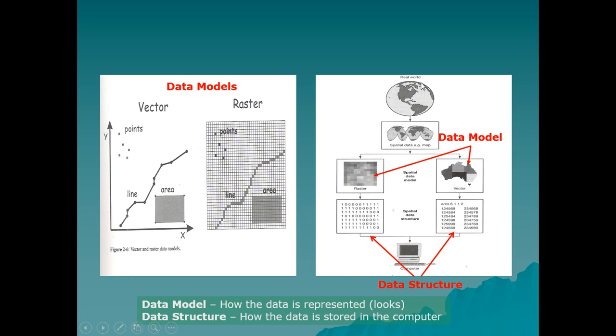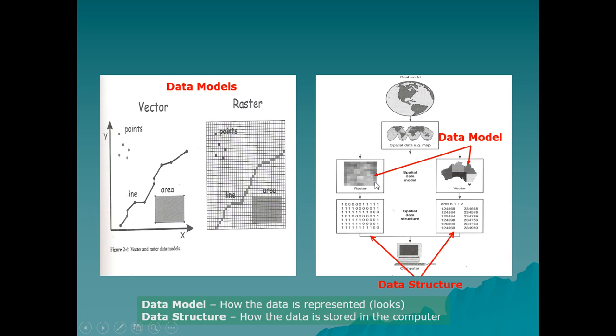We start any GIS with the real world. From the real world, we will have a map representation of the features on the real world, and once we convert this map into a digital format, either through scanning, please note a scan will produce a raster data model.